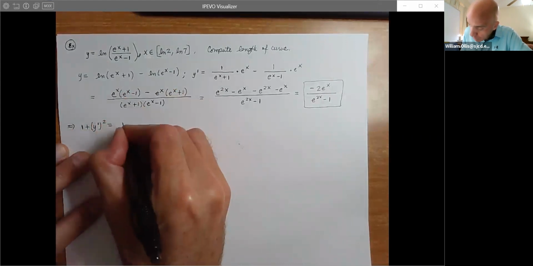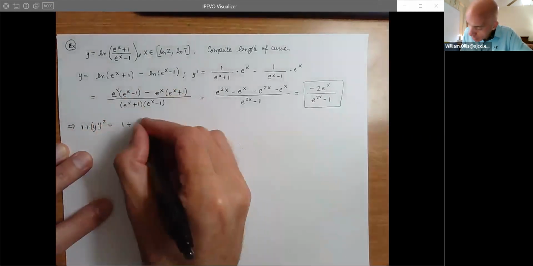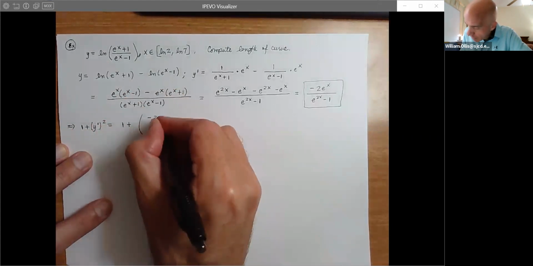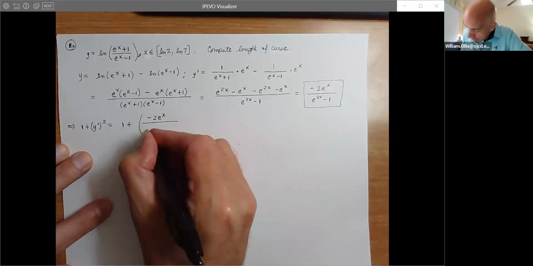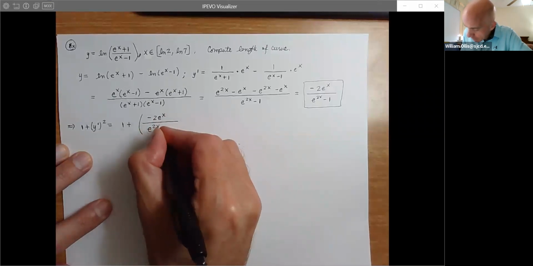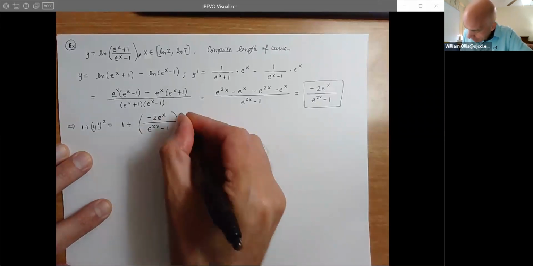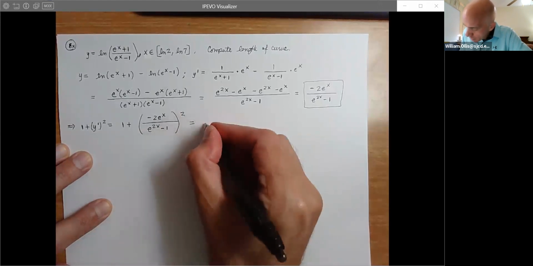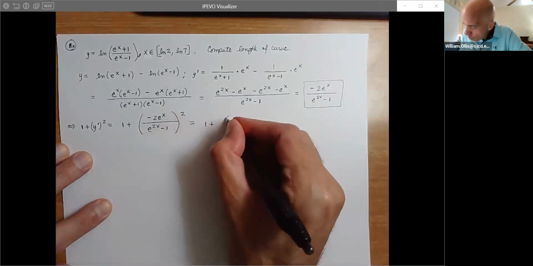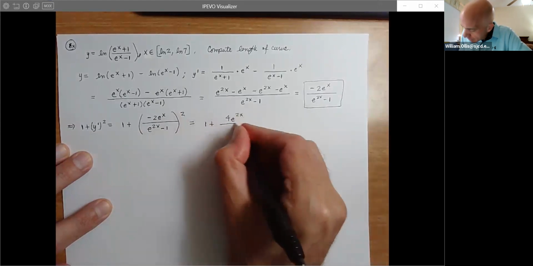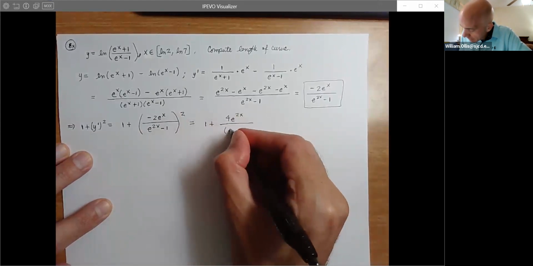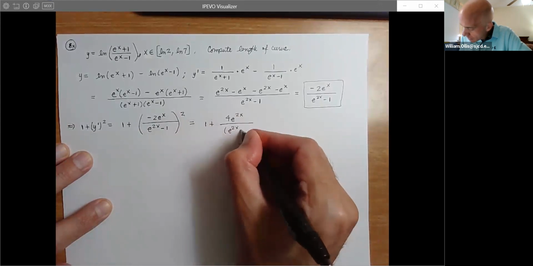So we get 1 plus, so we're going to square this. So let's write the square. So we get 1 plus 4e to the 2x divided by e to the 2x minus 1.